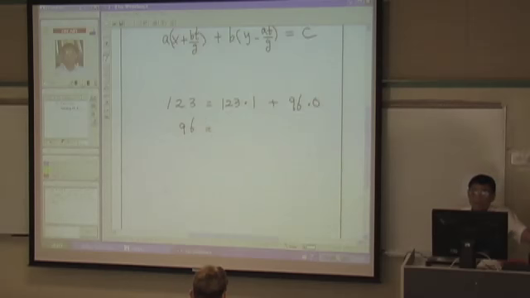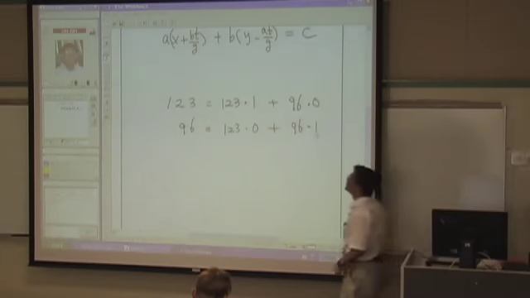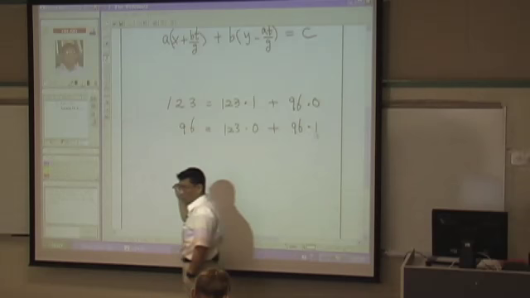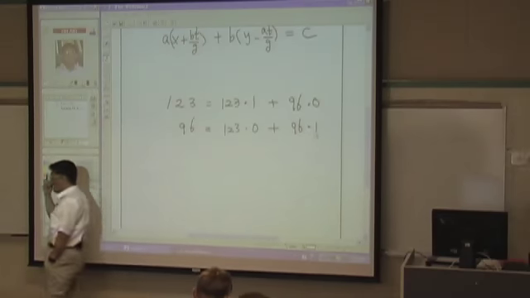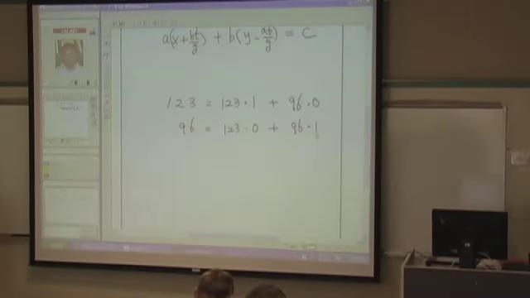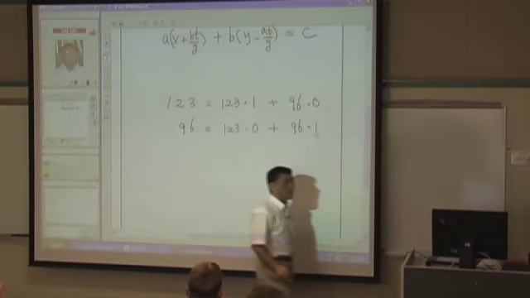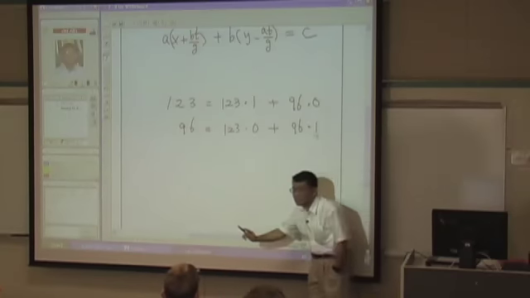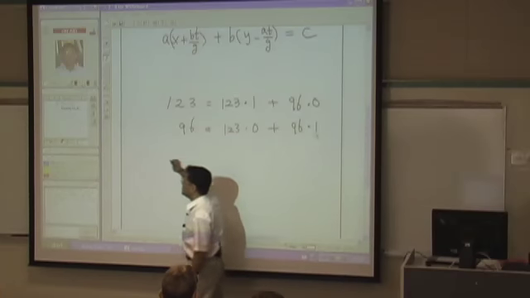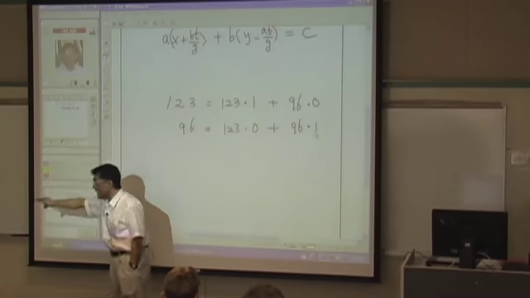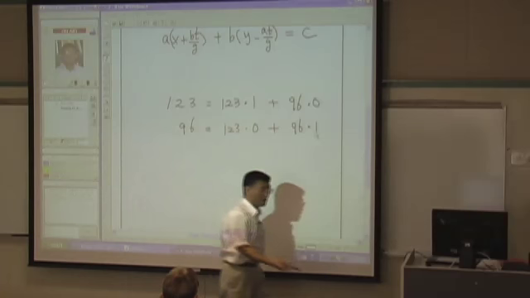Similarly, 96 is 123 multiplied by 0 plus 96 multiplied by 1. Then what is the key? We have two equalities, so we can do the same thing to both sides, for any case. But now, instead of doing random things, let's use the previous stacking idea, following the Euclidean algorithm.